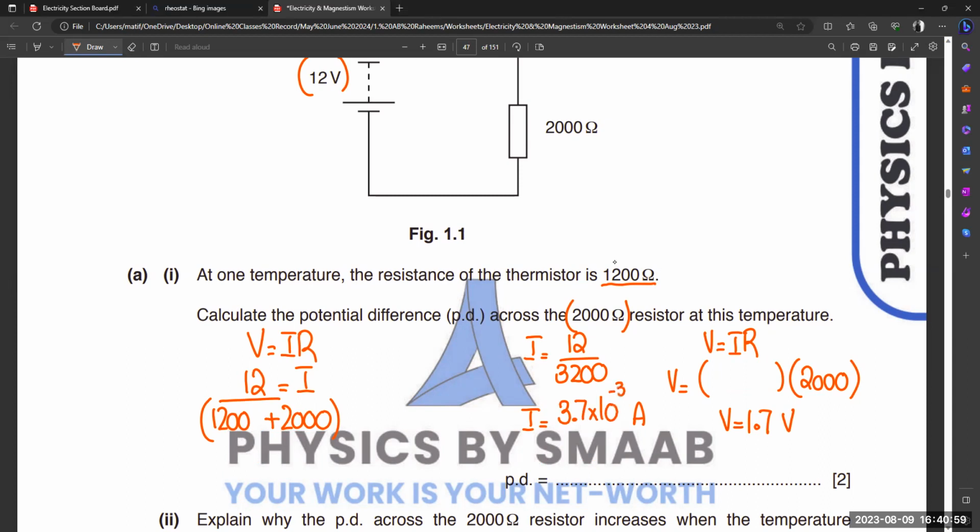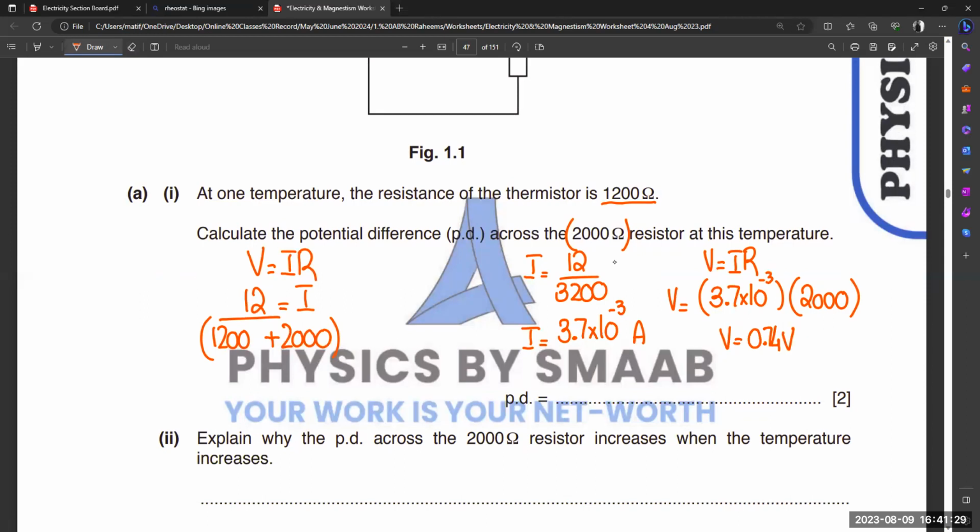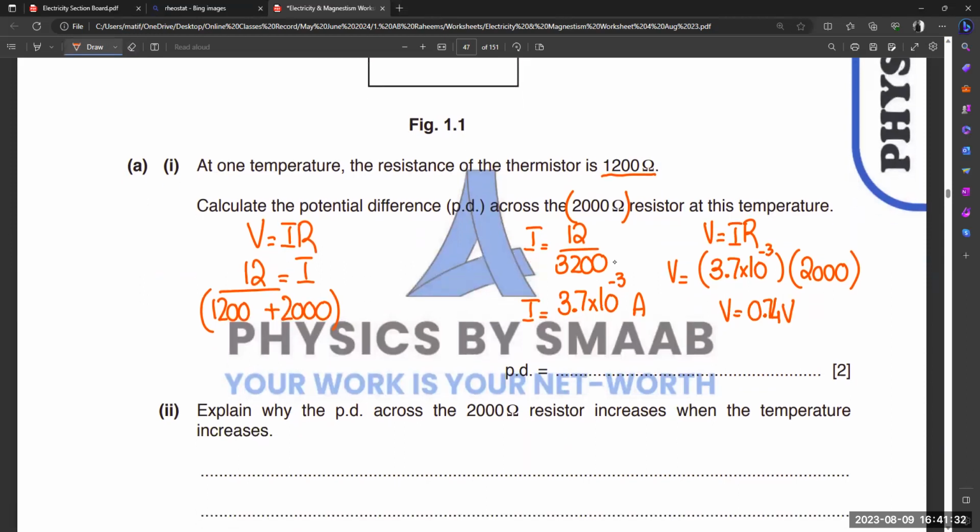Just round it off and take 3.7, and then the answer will be 0.74. So this is the method of how to calculate the value of potential difference in a series combination, right?